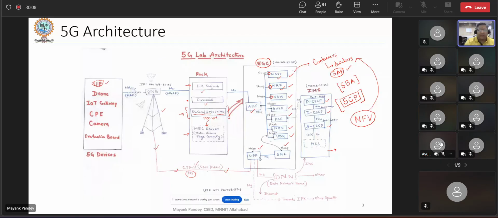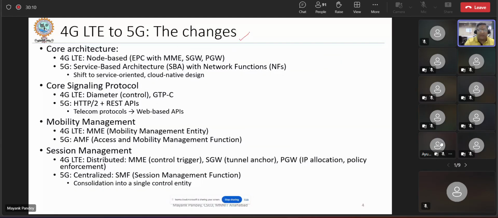As I already told you, 4G LTE was node based, having the evolved packet core with different network boxes like MME, SGW, and PGW. If we talk about 5G, we have shifted to a service oriented architecture, cloud native design, fine, with different network functions.